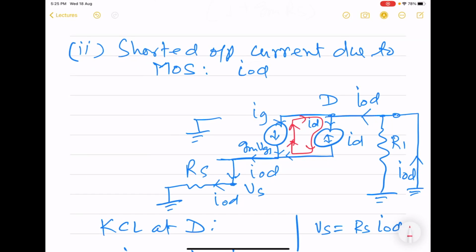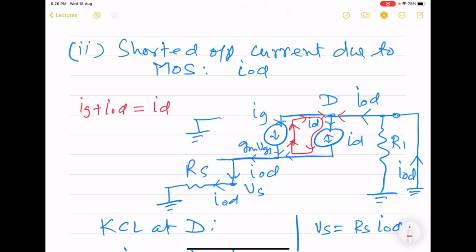So the actual KCL at the drain will be that IG is flowing in this direction, and IOD in this direction. They are merging. So IG plus IOD, these two merge to make it equal to ID.